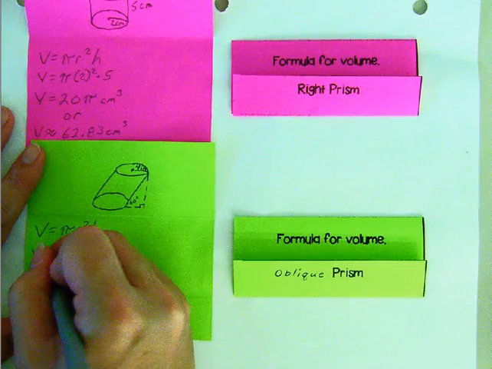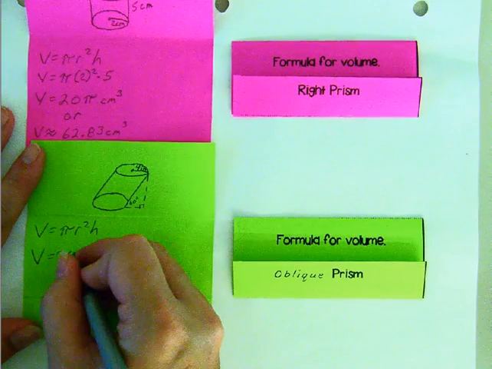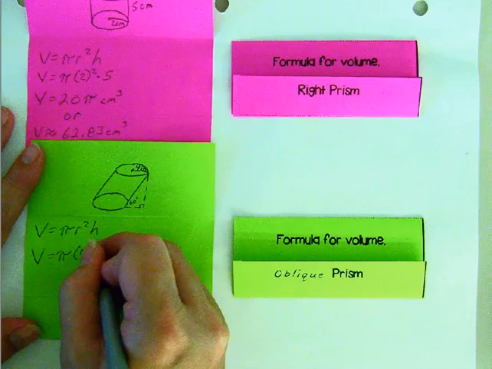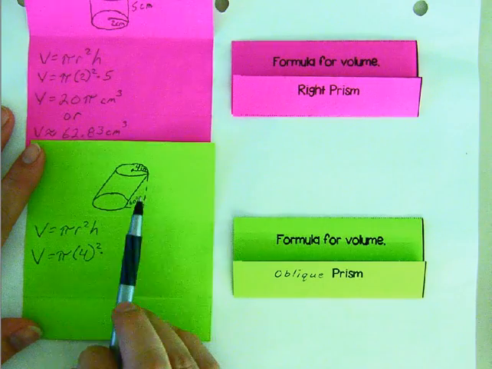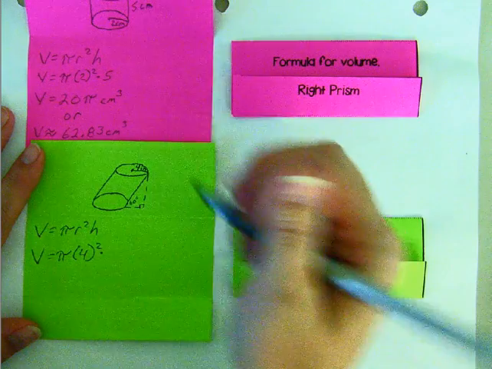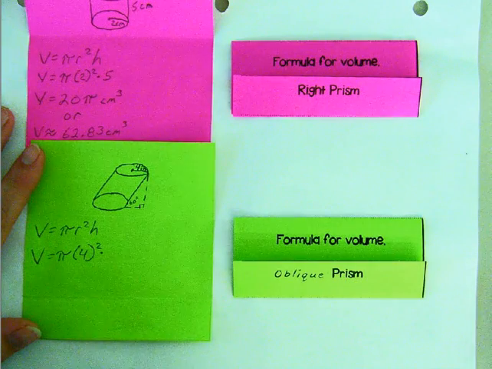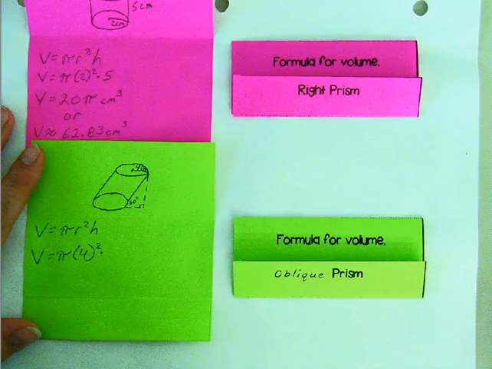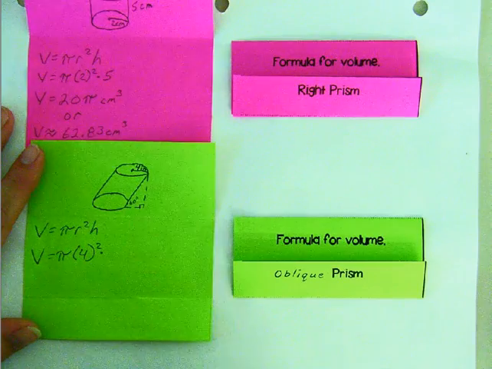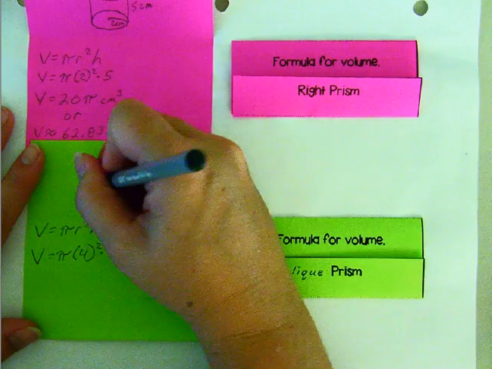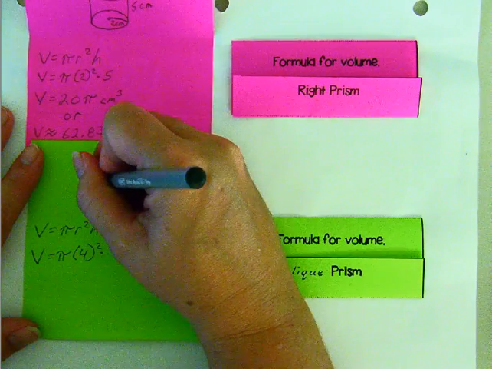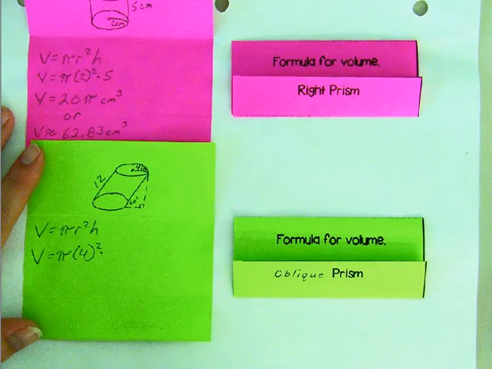This time, my r is 4, so 4 squared. But my h, it didn't give me my h. Let's go with, apologize here, let's do 12 on this slanted side.